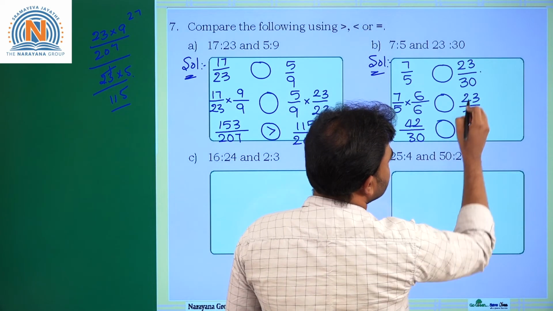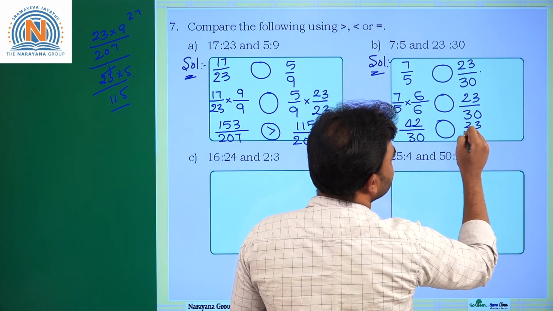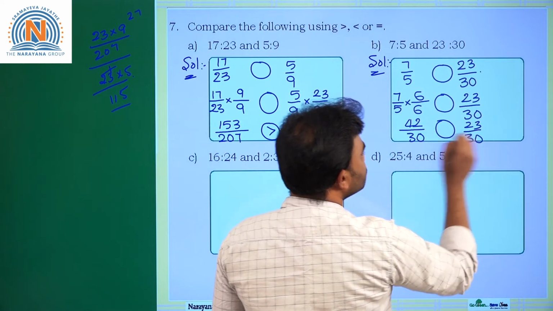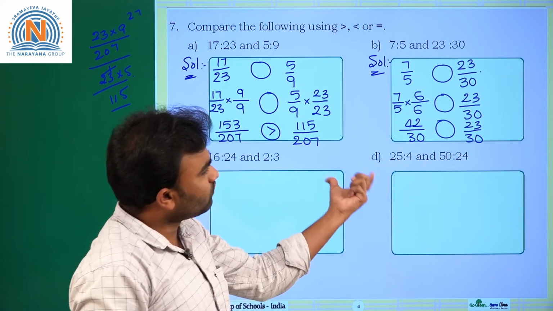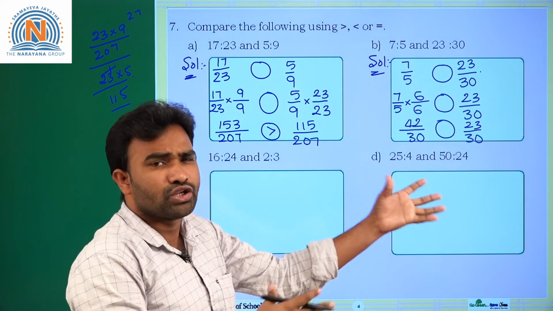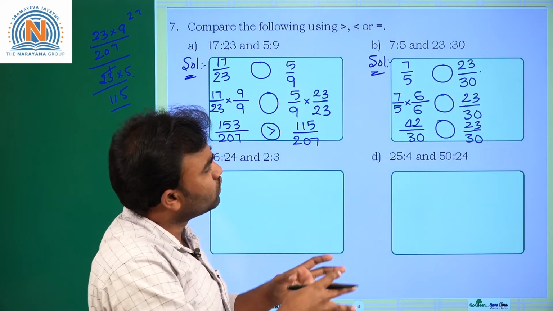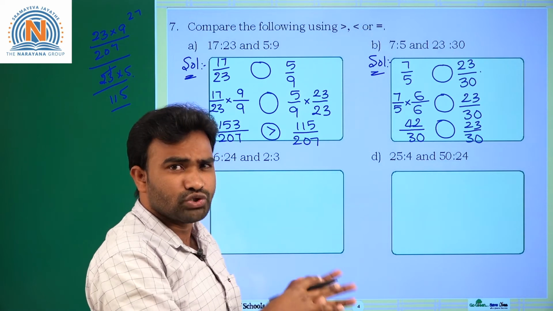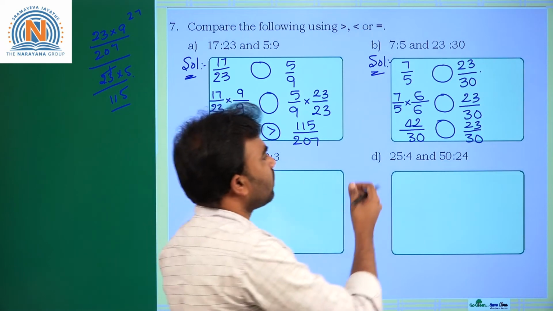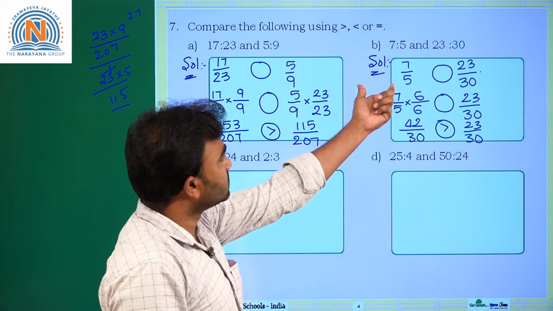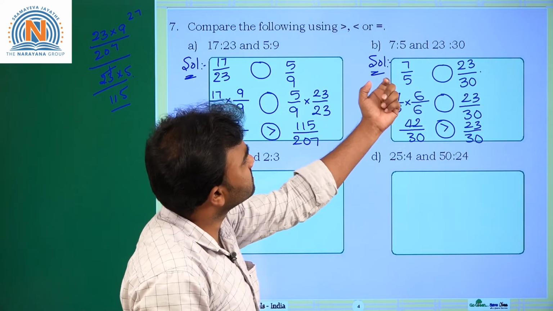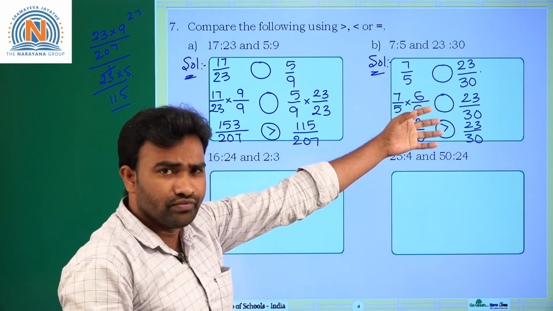Next, 23 by 30 as it is. In these two, denominators are equal, 30 and 30. 42 and 23 are the numerators. Which one is greatest, 42 or 23? 42. So 42 is greater than 23. Then we say that 7 is to 5 is greater than 23 is to 30.